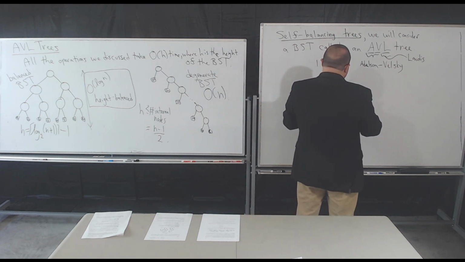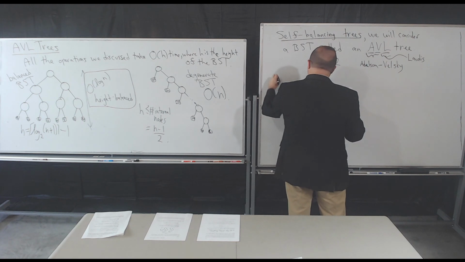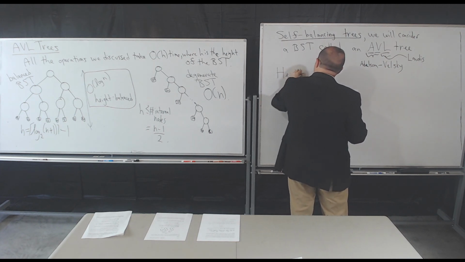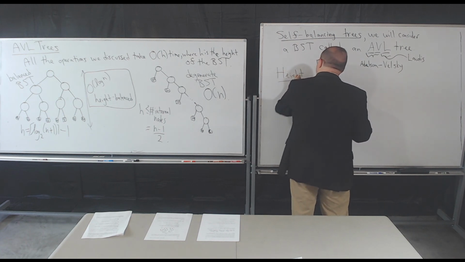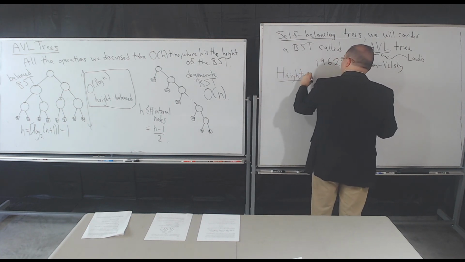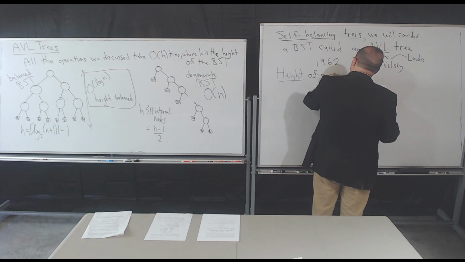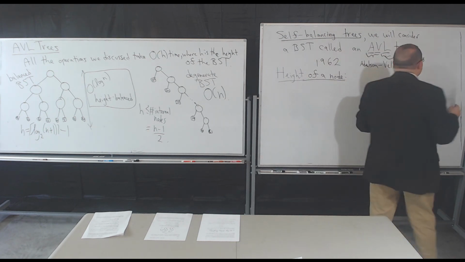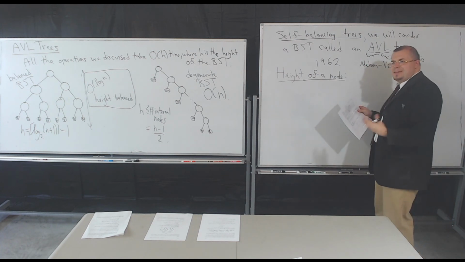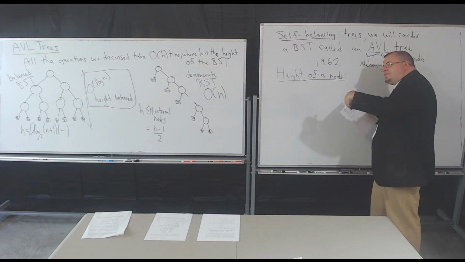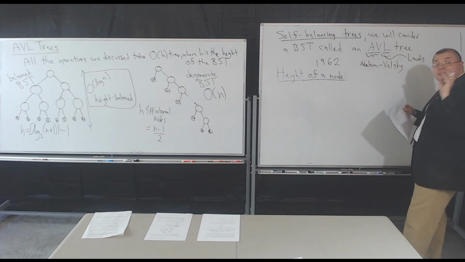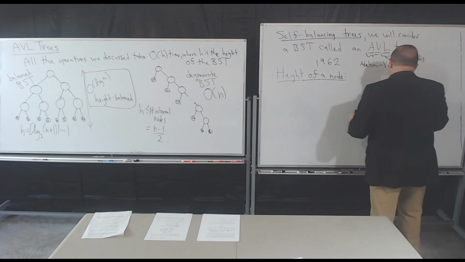Before we stop, I'm going to define one last thing. A big part of the idea that we're going to use here is the notion of the height of a node. I did something like this not too long ago when we were talking about heaps, where we kept having to refer to levels and heights of subheaps or smaller heaps. This is going to give me the conception I need to talk about that.